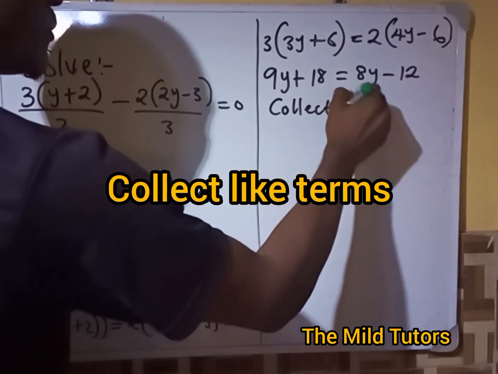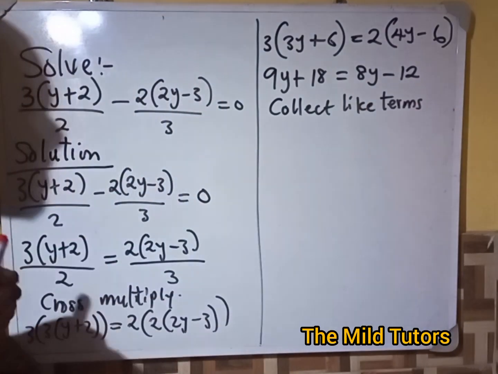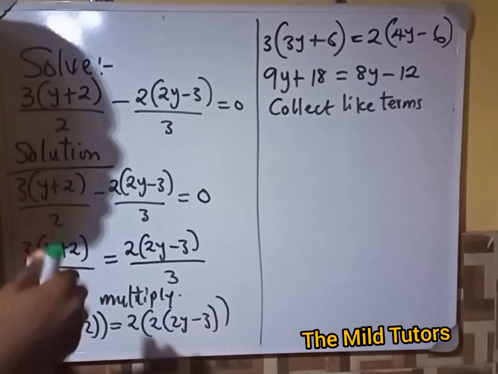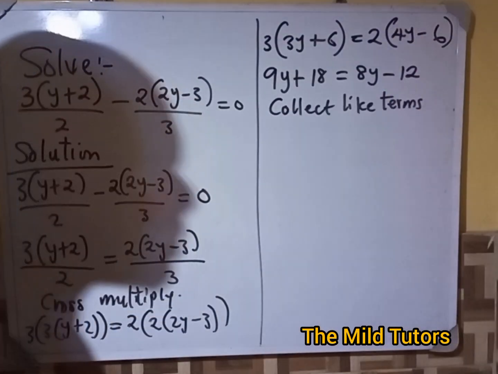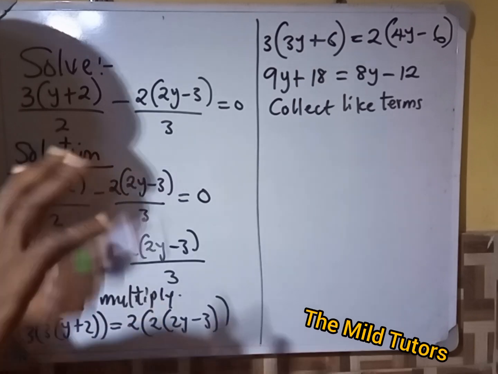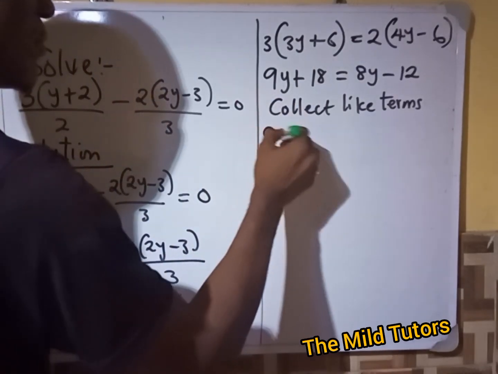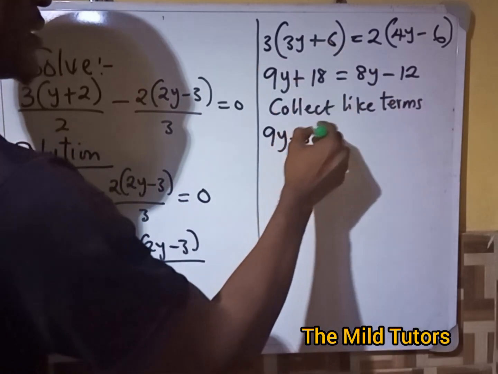At this point, we'll collect like terms. The ones with the variable will come to the left hand side, and the constant numbers will go to the right hand side. Don't forget, if you are doing this movement, any sign in front of it, if it's positive, as far as it's crossing the equality sign, it becomes negative, and if it's negative, if it's crossing the equality sign, it becomes positive.